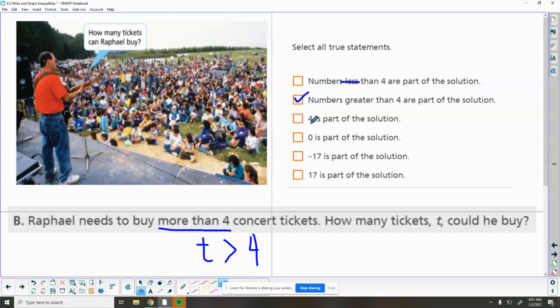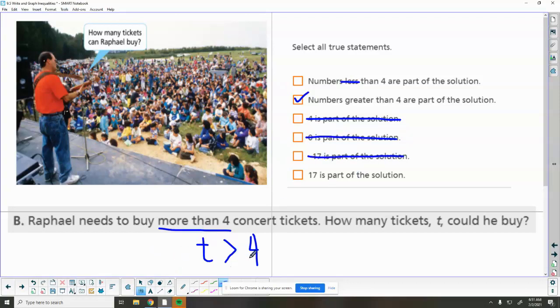Can he buy exactly 4 tickets and meet his needs? He needs to buy more than 4. If he only buys 4, he's going to have some sad friends. So 4 is not part of our answer. Does he want to buy 0 tickets? No. Does he want to buy negative 17 tickets? No. Could he buy 17?